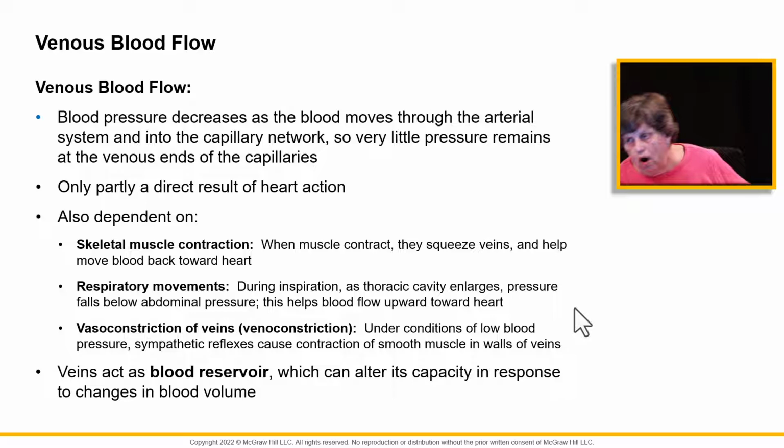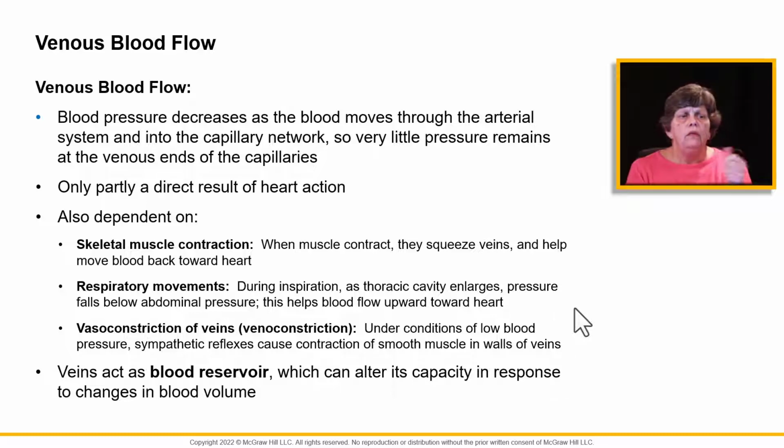If we just run this stuff across the capillary, nothing gets exchanged. We don't have enough time. So we need to slow the blood down so that exchange can occur. But that results in very little pressure at the venous end of these capillaries.